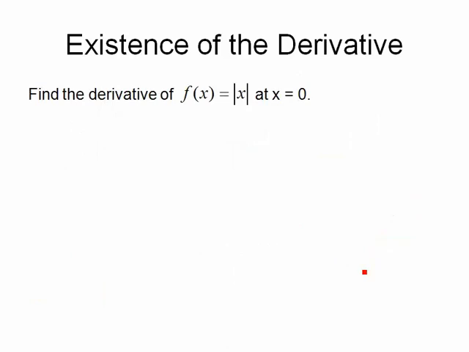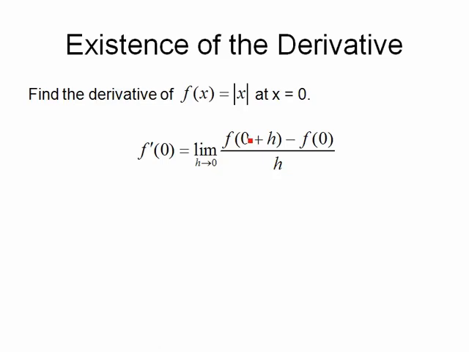Sometimes you'll try and actually do this, and remember that middle graph was just absolute value of x. Well, I told you that the limit didn't make any sense, but let's just go ahead and try it ourselves. If I want to find the derivative, so there's the prime, at 0, I need to do the limit as h approaches 0 of f of 0 plus h minus f of 0 over h.